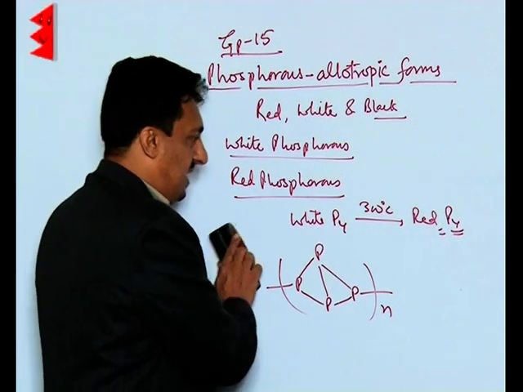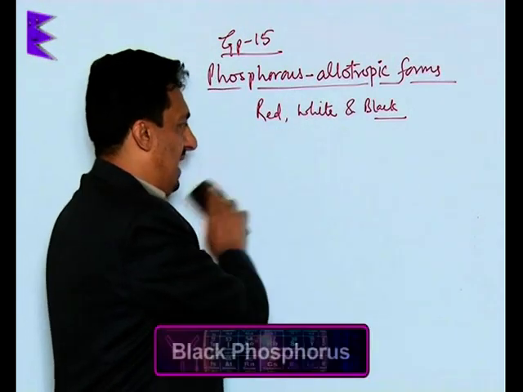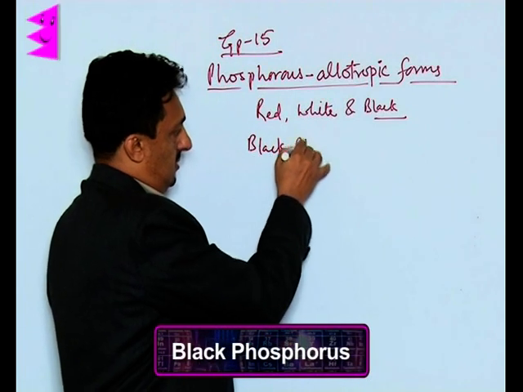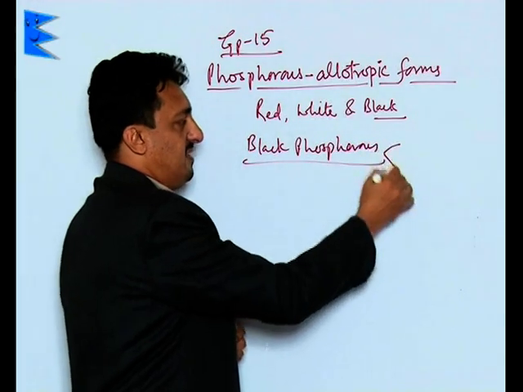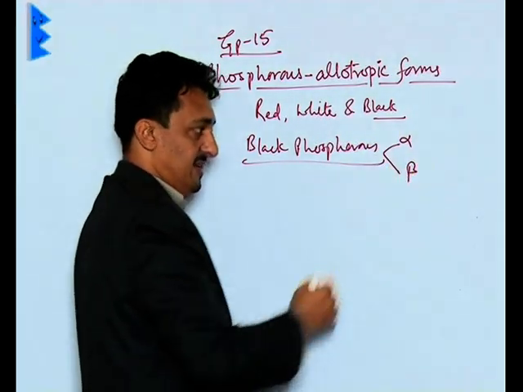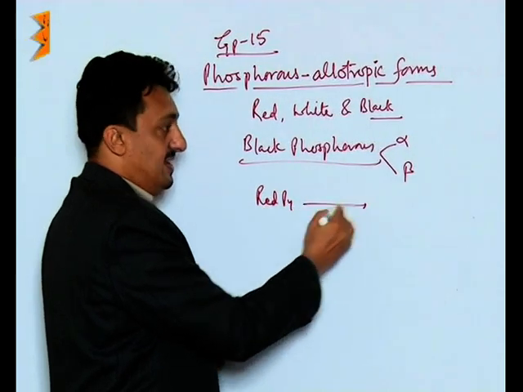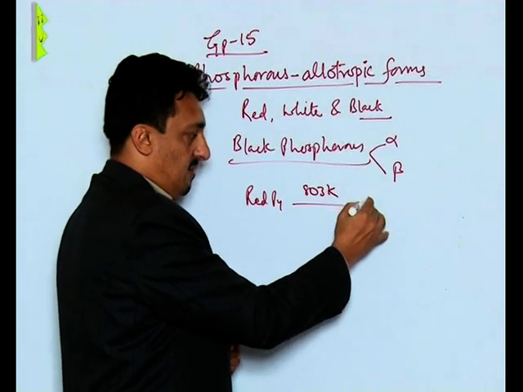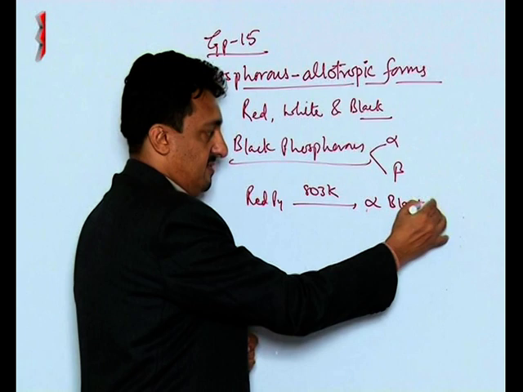Now let us move to the next allotropic form of phosphorus, which is called black phosphorus. Black phosphorus exists in two forms, alpha and beta. Remember, when red phosphorus is heated in a sealed tube at 803 Kelvin, what we get is alpha black phosphorus.